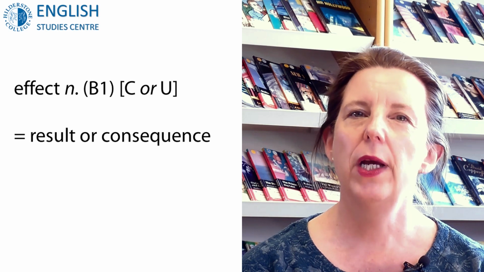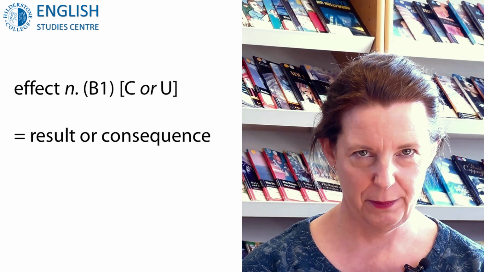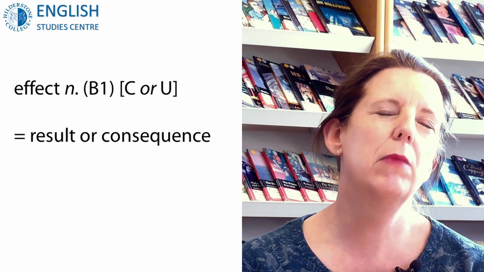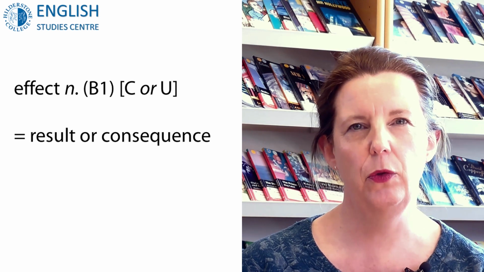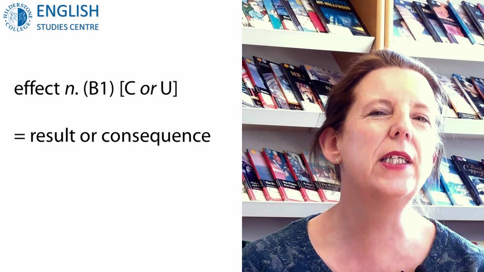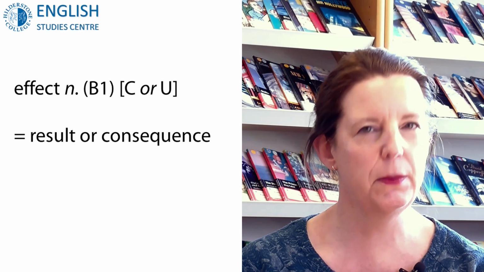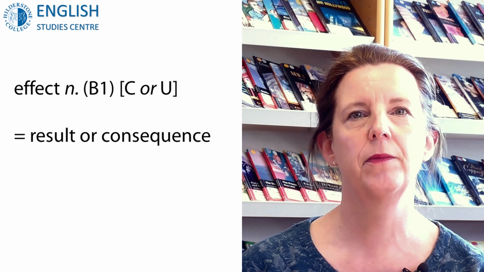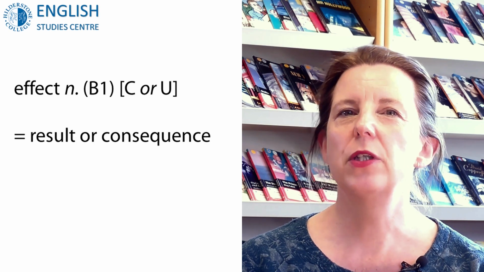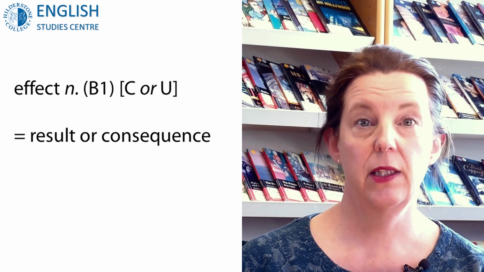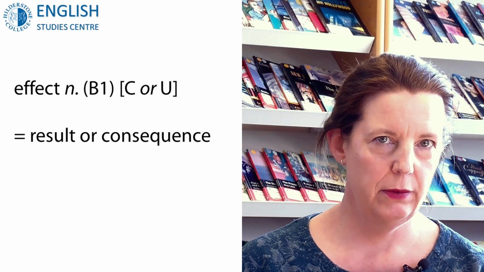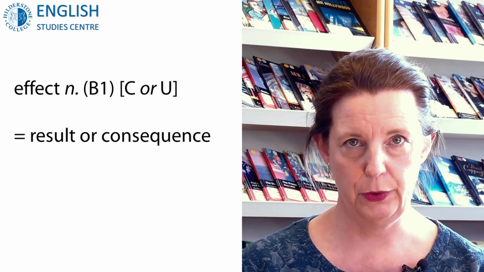Now, when the word effect means result, it's, roughly speaking, a B1 level word. So that means pre-intermediate. That's when we would expect to teach that word or for learners to know it. The information in square brackets, the C and the U, that means countable and uncountable.